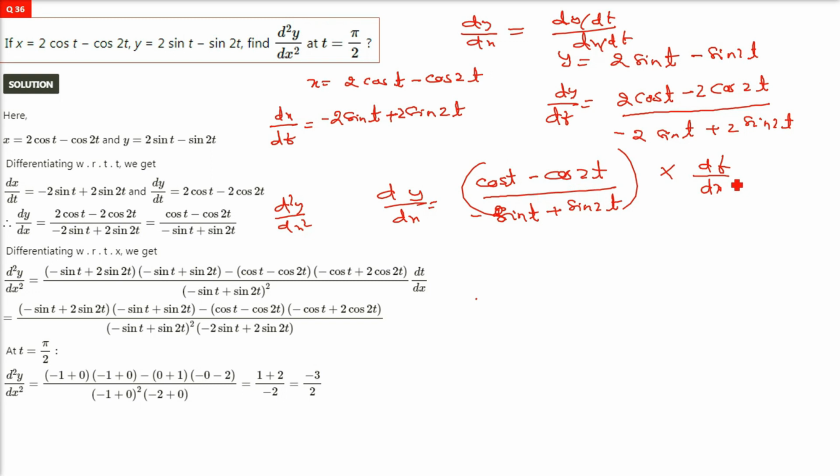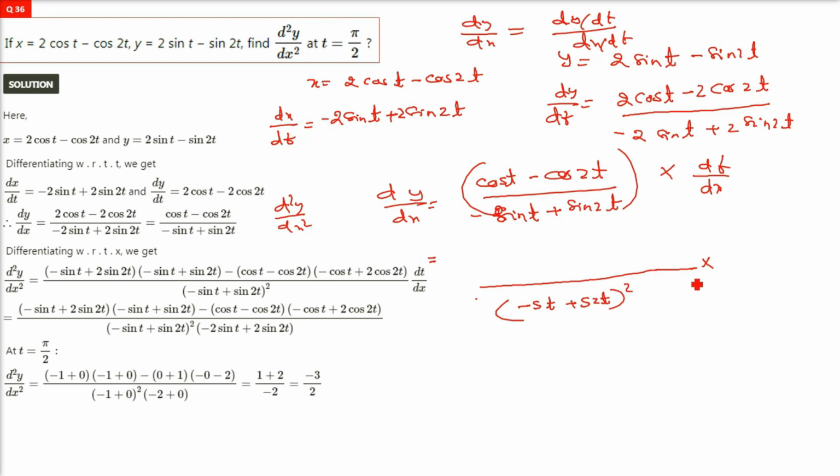So first differentiate this and then introduce dt by dx. I'm going to introduce dt by dx right now. So in the denominator, you have minus sin t plus sin 2t whole square. I'm just writing s for sin because we are short of space, and dt by dx also I am introducing right now.